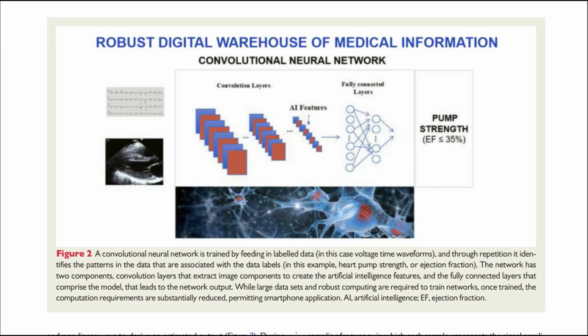The network has two components: convolution layers that extract image components to create the artificial intelligence features, and the fully connected layers that comprise the model that leads to the network output. While large data sets and robust computing are required to train networks, once trained, the computation requirements are substantially reduced, permitting smartphone application. AI, artificial intelligence; EF, ejection fraction.